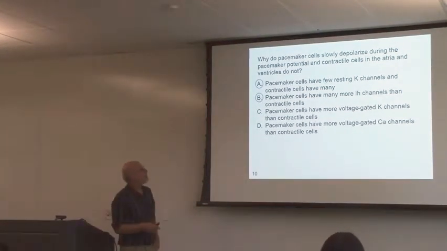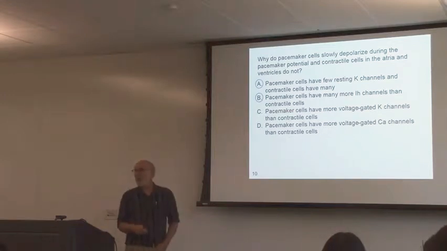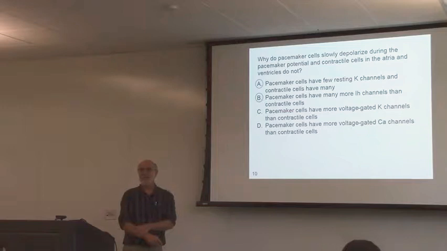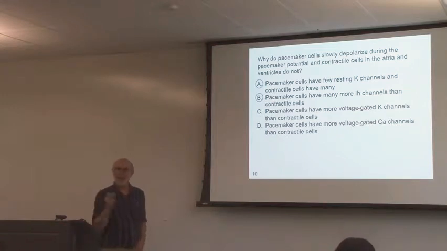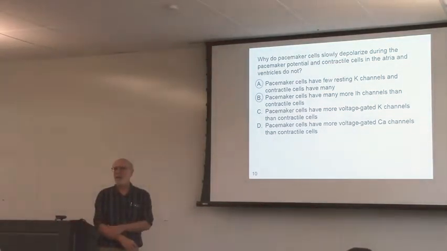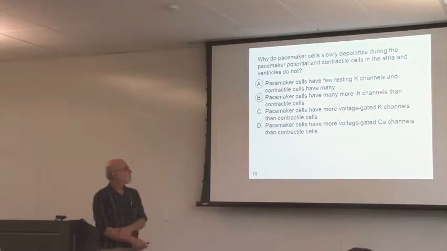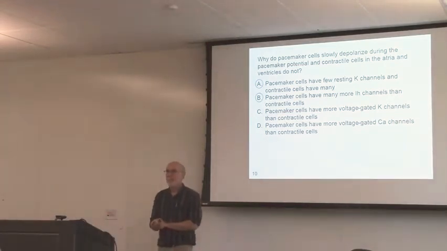So pacemaker cells have fewer resting K channels than contractile cells. D, so you came up with D when I asked you to come up with a second answer, and they don't. Nope, both cells have plenty of calcium channels. There's no systematic difference there. Questions?